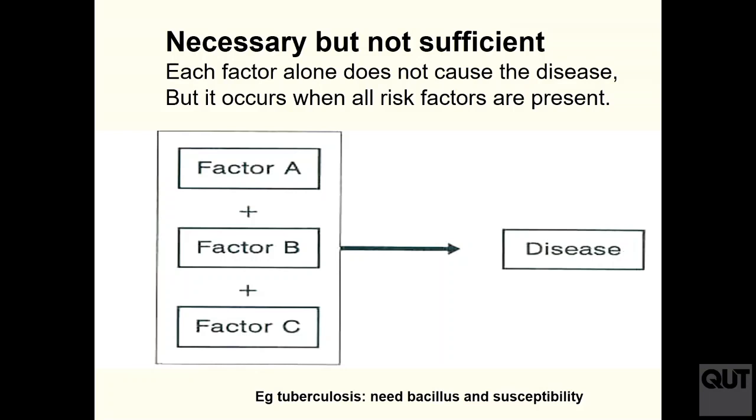And when exposed to the bacillus, and because you can get exposed to the tuberculous bacillus in Brisbane, in waterways, you are unlikely to develop the disease because most people will not be susceptible. So that's a case where both factors together will cause the disease, but one factor by itself, not necessarily.